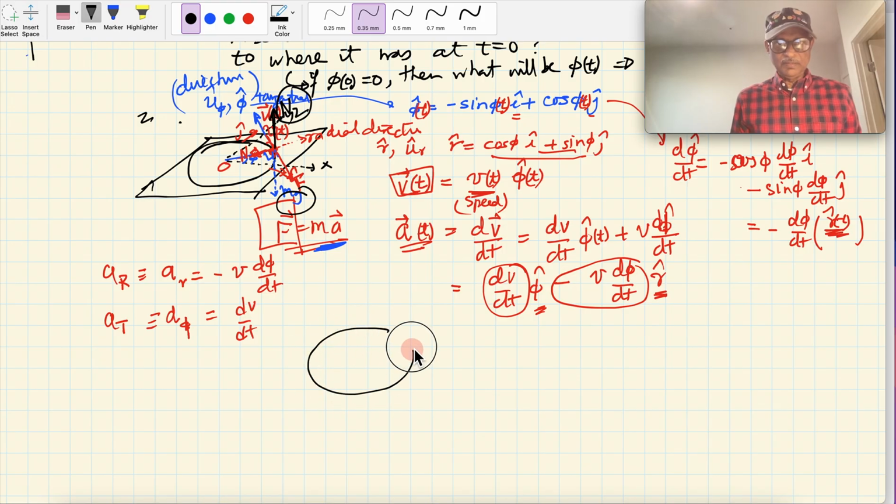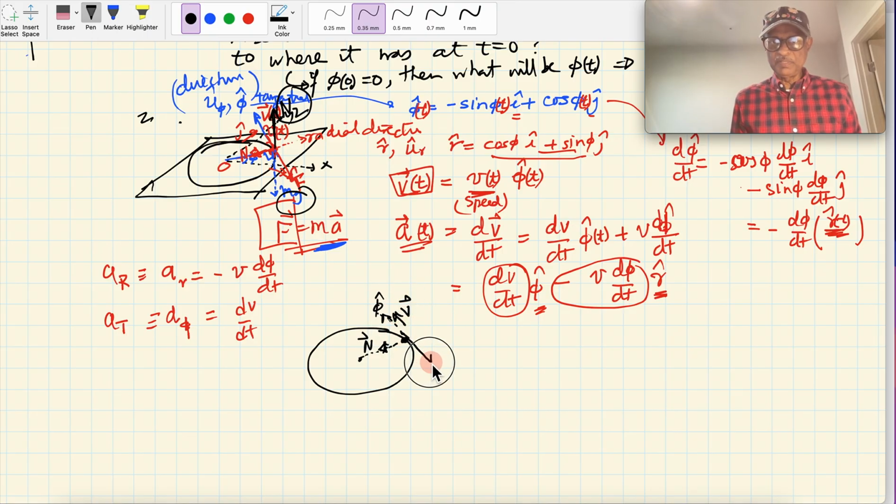Here's a circle, I'm over here, and this is the center. Towards the center, opposite the radial direction, is the normal, and this is the tangential direction, the phi hat direction.